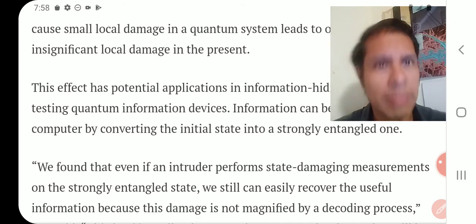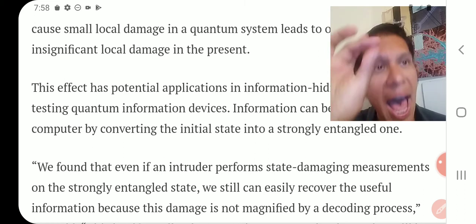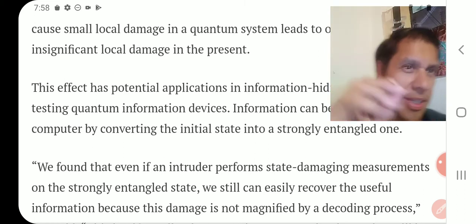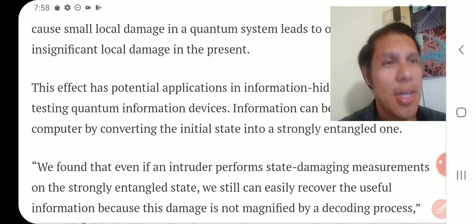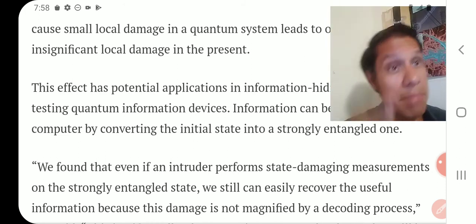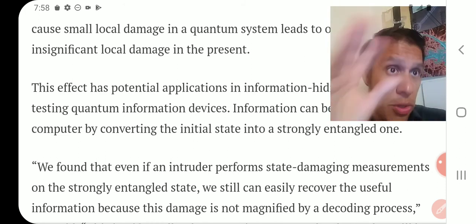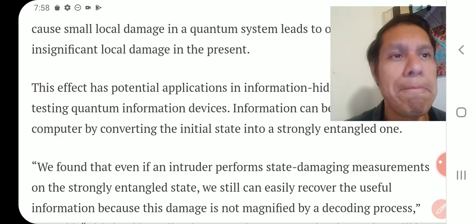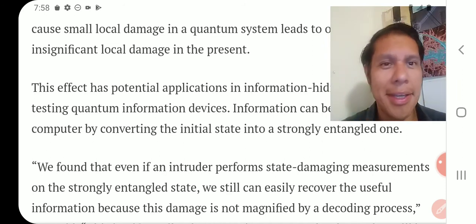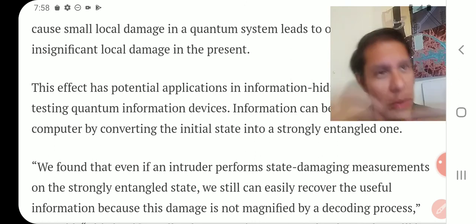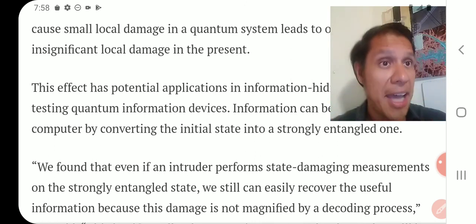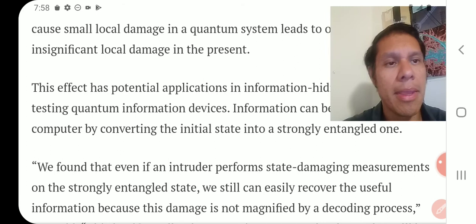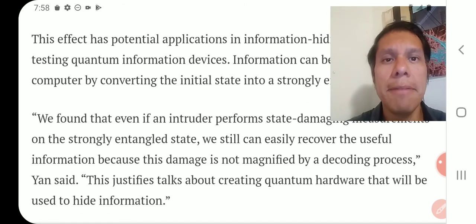So the way in which you can hide that piece of information is in an entanglement, right? You can break that little piece, but the entanglement of the other parts remains in some way. So that is the trick that is used here to recover the information, right? The entanglement is maintained. Let's keep reading here.